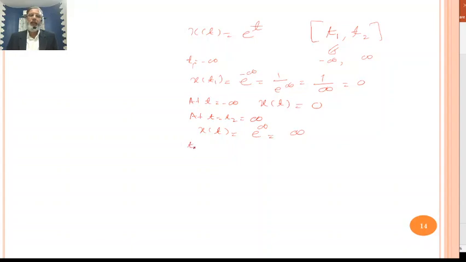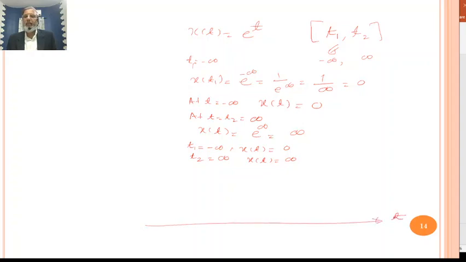Means when t equals T1, that is minus infinity, x(t) is 0, and when t equals T2, that is infinity, x(t) is infinity. Now we will sketch this signal.